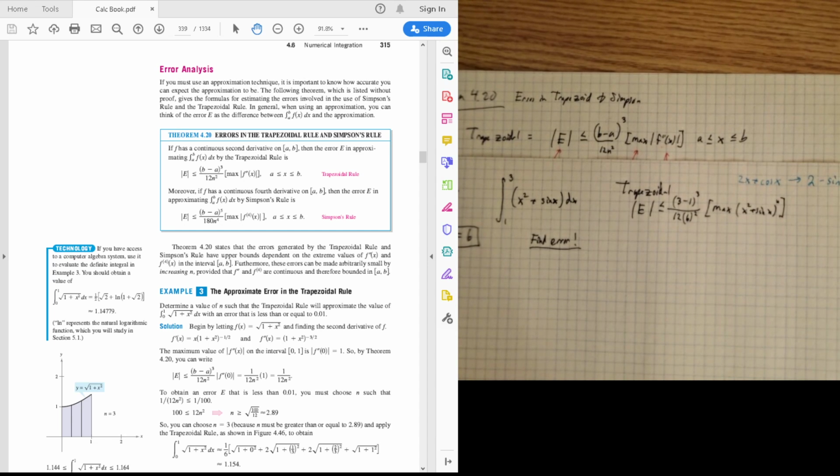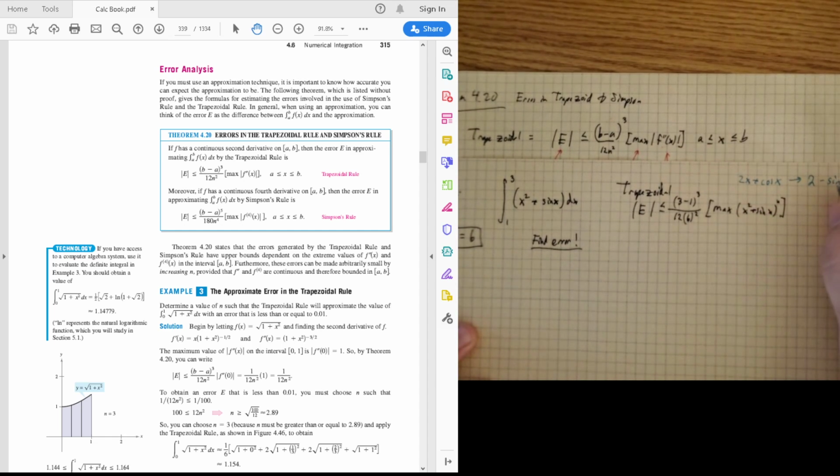Okay, this appears to have a maximum value of 3.